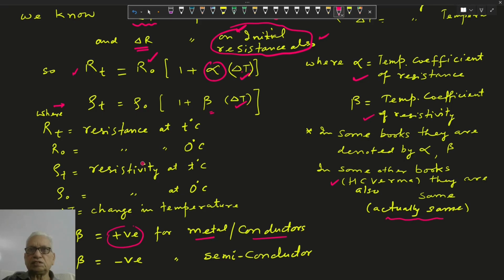So the resistance is 1 plus something added. For a semiconductor alpha and beta are negative, so by increasing the temperature, because alpha is negative, something decreases. So by increasing the temperature, resistance and resistivity decrease, because alpha and beta are negative.